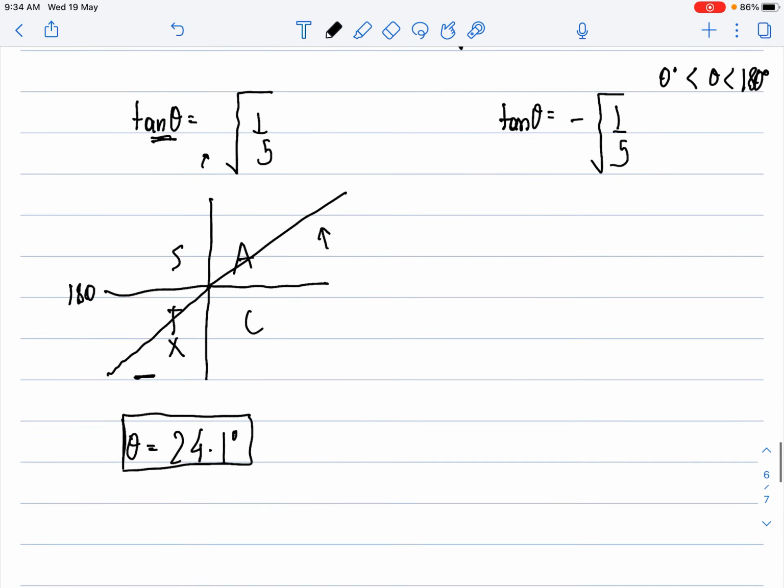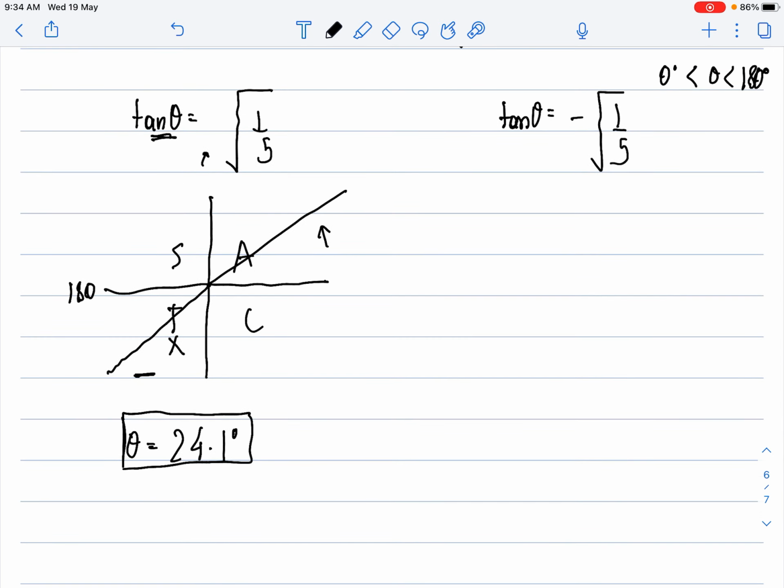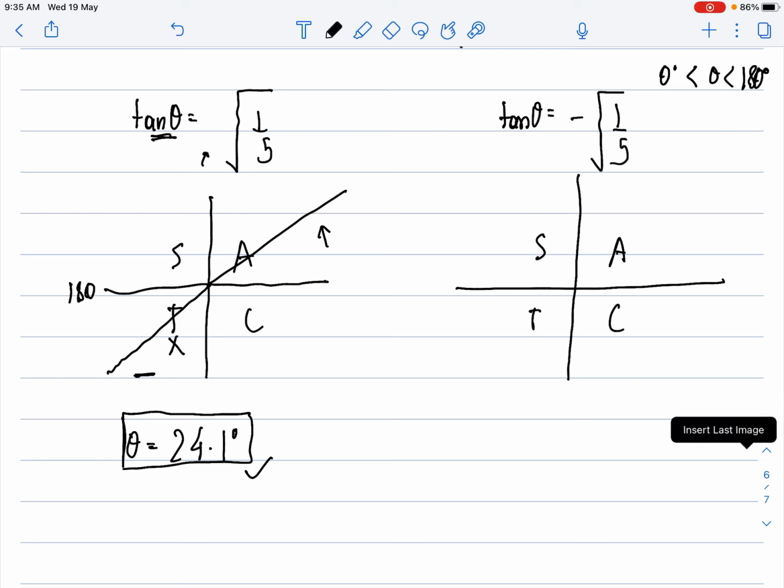So this is one of my answers. For my second value, where tan theta is equal to negative root of 1 over 5, you need to play it simple. You know tan is negative in the second quadrant and the fourth quadrant, but the fourth quadrant does not lie in the range, correct?